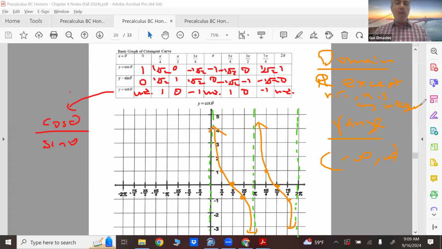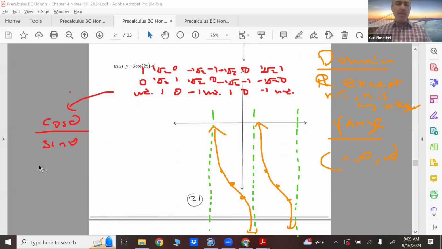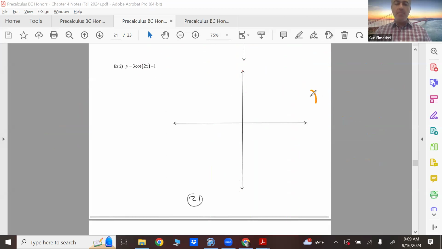All right. Let's do a transformed graph. So here's what I do. Period's still the same. Let's switch to red. Period is still pi over b, so in this case it's pi over 2. We didn't shift horizontally, did we?